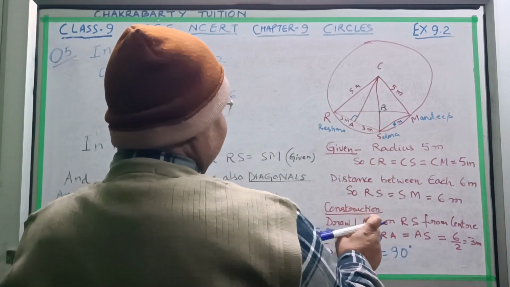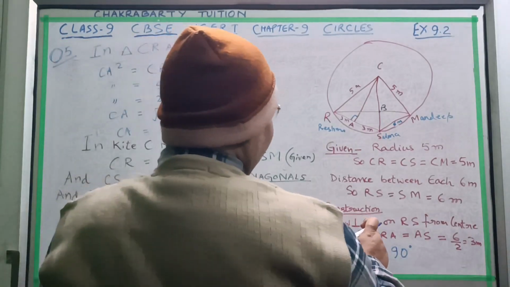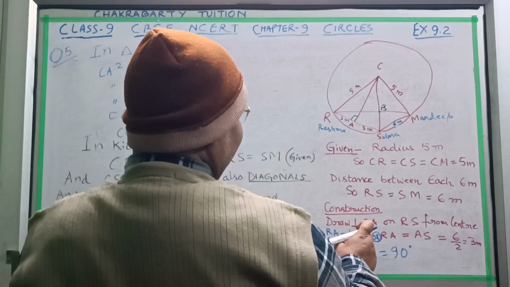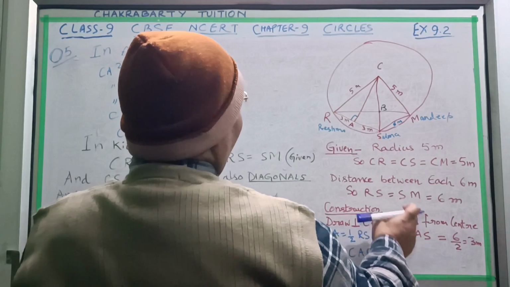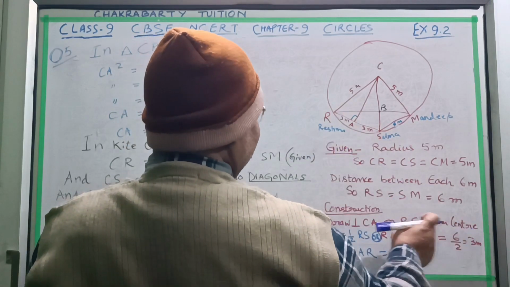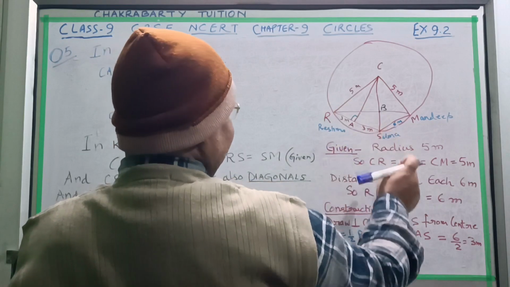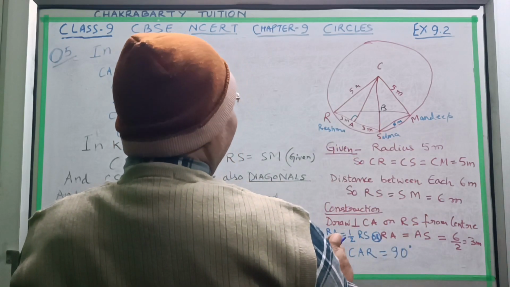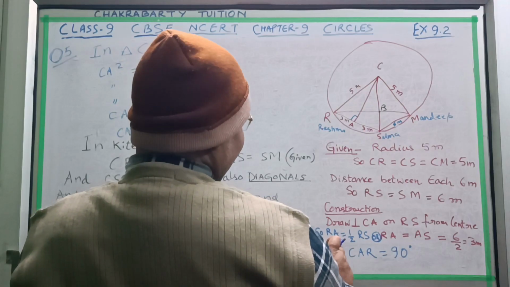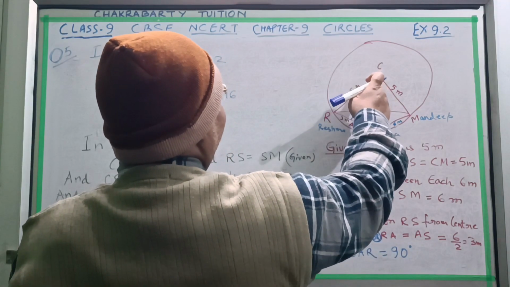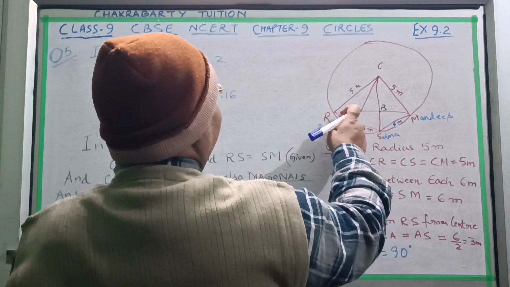So what constructions have we done? We have drawn a perpendicular CA on RS from the center. This perpendicular will bisect the chord RS, because a perpendicular from the center drawn on a chord bisects the chord.